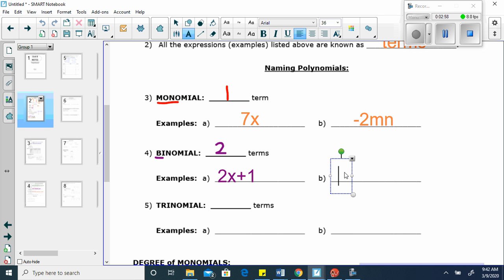Or 2mn plus 5n. Once again, 2mn is a term, and 5n is a term. So it's 2 different terms. Questions on that?